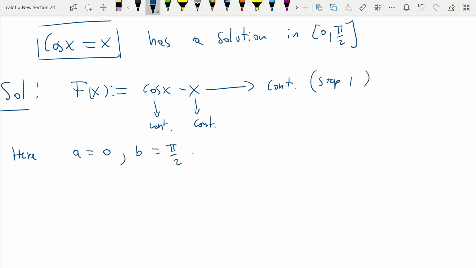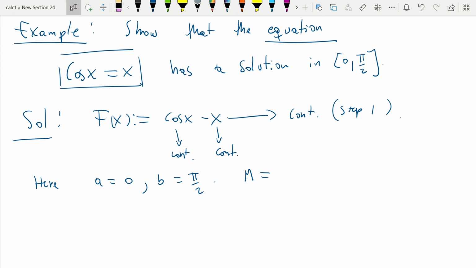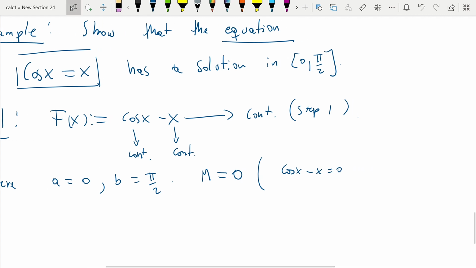And the question now is, what is the value that we're aiming for? M is equal to what? This equation, cosine of x equals x, will have a solution if cosine of x minus x is equal to 0 at some point. Right? If cosine of x minus x is equal to 0, then that implies that cosine x is equal to x.